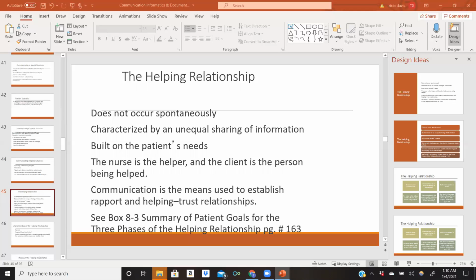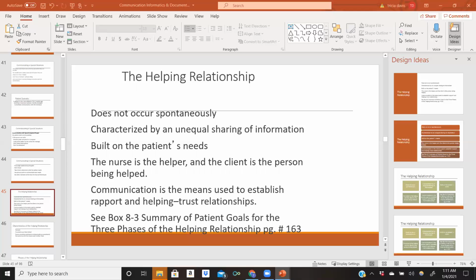So you were able to meet the needs of your patients. This resulted in a successful helping relationship. When a nurse and patient are involved in a helping relationship, we can also call it the nurse-patient relationship. The nurse is the helper, and the patient is the person being helped.